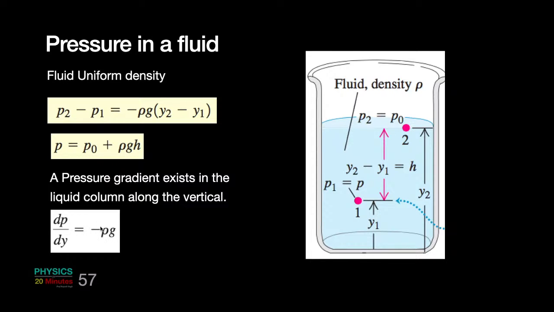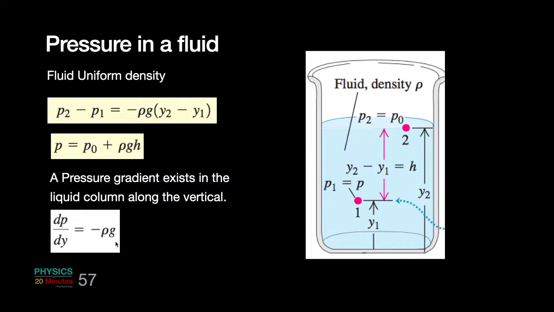What does the minus sign suggest here? The minus sign suggests that as the y coordinate decreases, that is as you go down, the pressure increases. So the behaviors are in opposite directions. Why do we get this gradient?